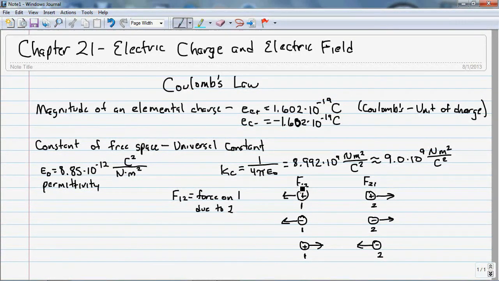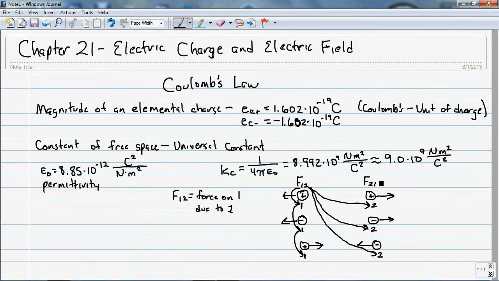You notice that this first subscript goes with the charge you're interested in, and the second subscript goes to the charge that's affecting the one you're looking at.